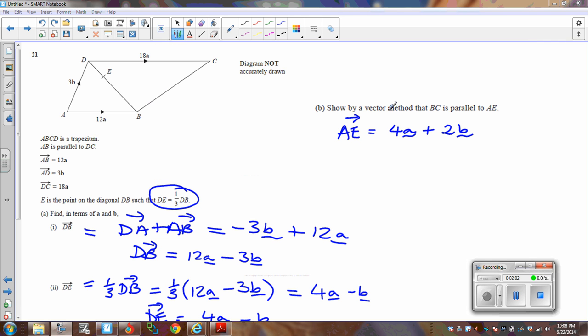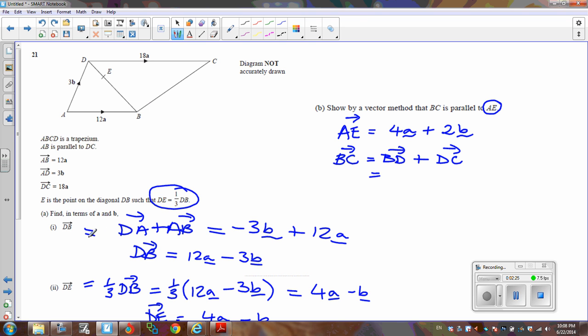Okay, the last bit of the question here, we've already found the vector AE in part 3. So AE is 4a plus 2b. So what we want to do now is find the other vector, BC. I'm going to find BC by going from B to D, and then from D to C. The reason it's useful to use BD is because if I look at part 1, I've already found DB.